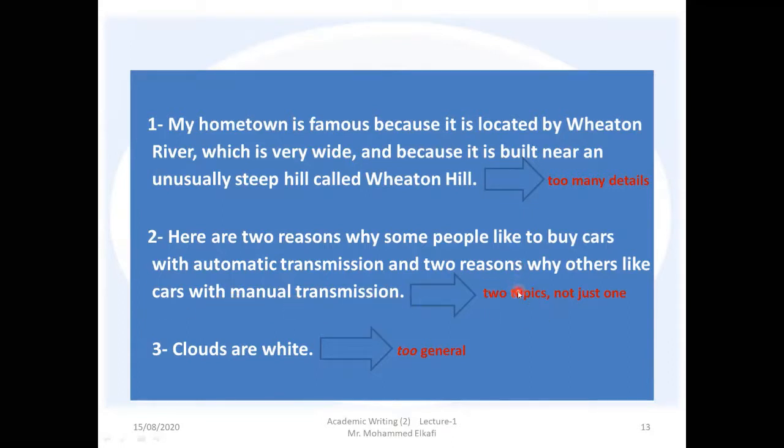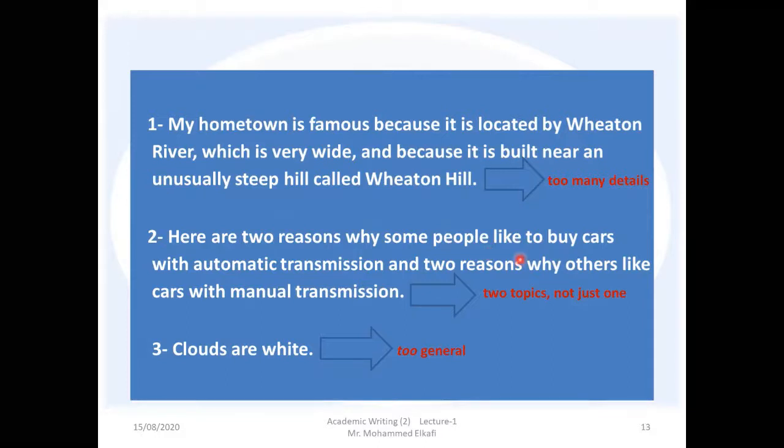That means we have two topics, not one. We said that the topic sentence should usually talk about one topic and one main idea. Here we have one main idea: reasons that make people like to buy cars.